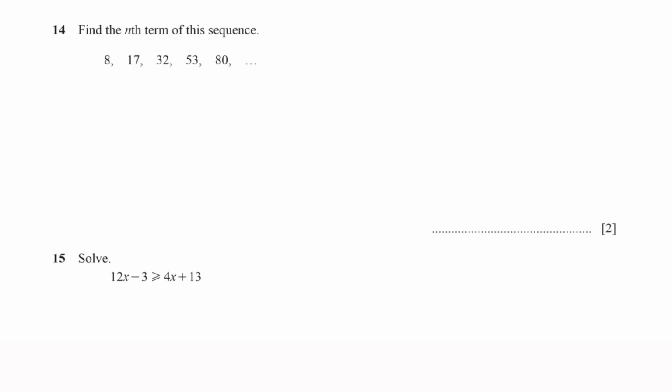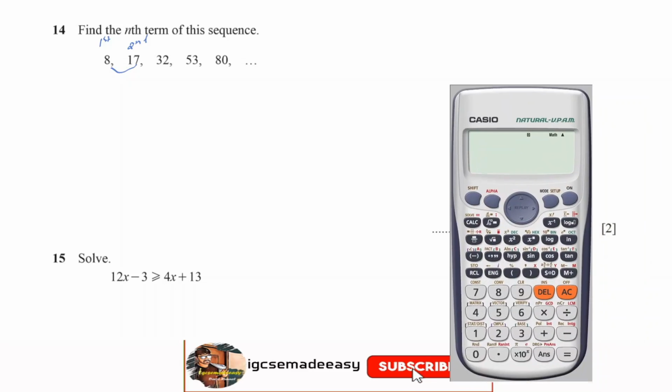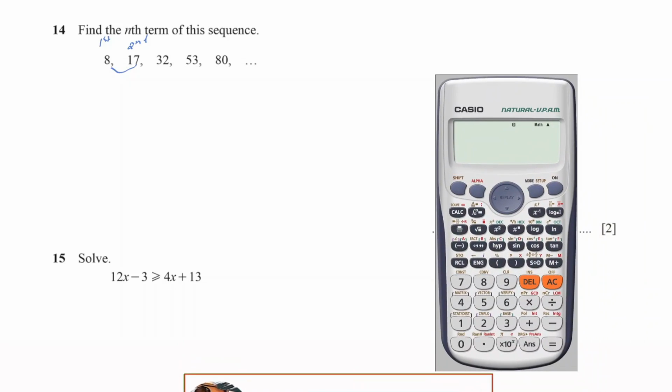So the sequence is given. We have to subtract the second term from the first term. Keep it in mind: you have to subtract the first term from the second term to find the difference. So let us use the calculator. The second term is 17 minus 8, that gives you 9.